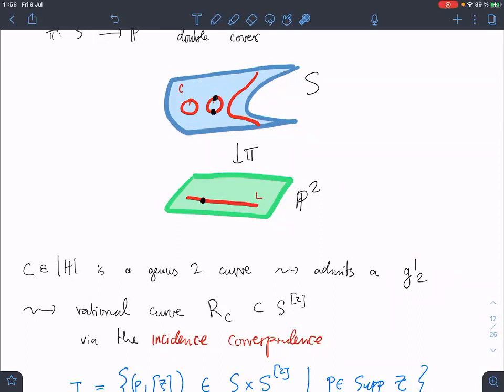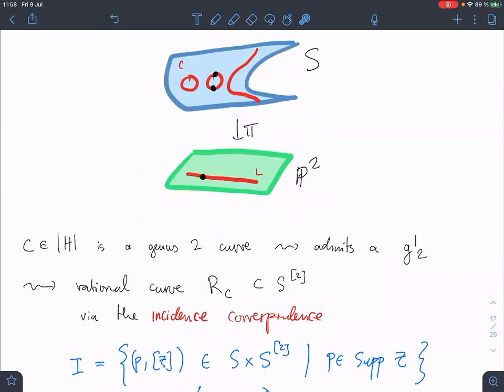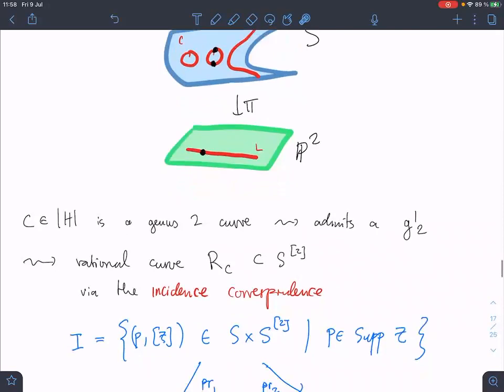And that's very useful, because that gives us a family of degree 2 cycles. So if I take a point here, then I get 2 preimages. If I move this point around, then I get a curve of zero-dimensional subschemes of degree 2, and so you get a rational curve on the Hilbert scheme of length 2 here.